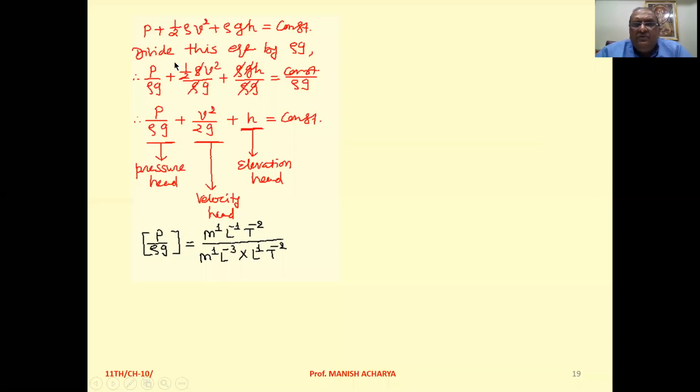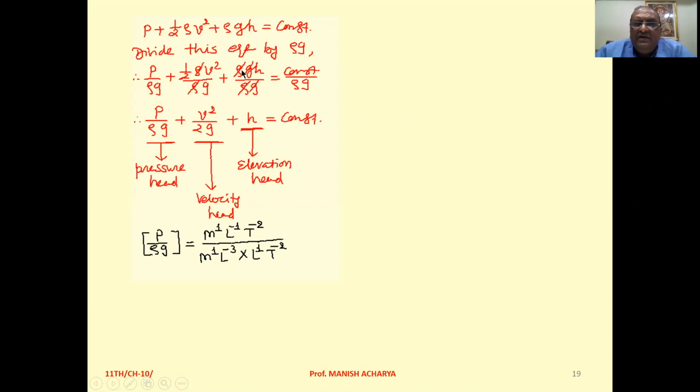Now Bernoulli's equation is P plus half rho V square plus rho g H equals constant. Now divide this equation throughout by rho g. So P by rho g plus half rho V square by rho g plus rho g H by rho g equals constant upon rho g. But rho and g are both constant, so constant upon constant is again some constant.